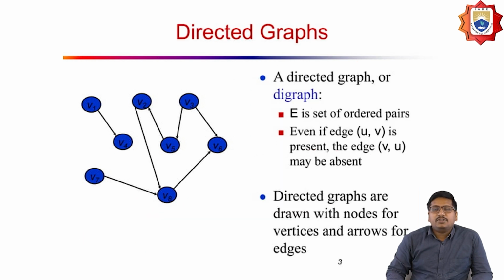And the directed graph is also called a digraph, where E should be a set of ordered pairs, and even if the edge UV is present, the edge VU may be absent.